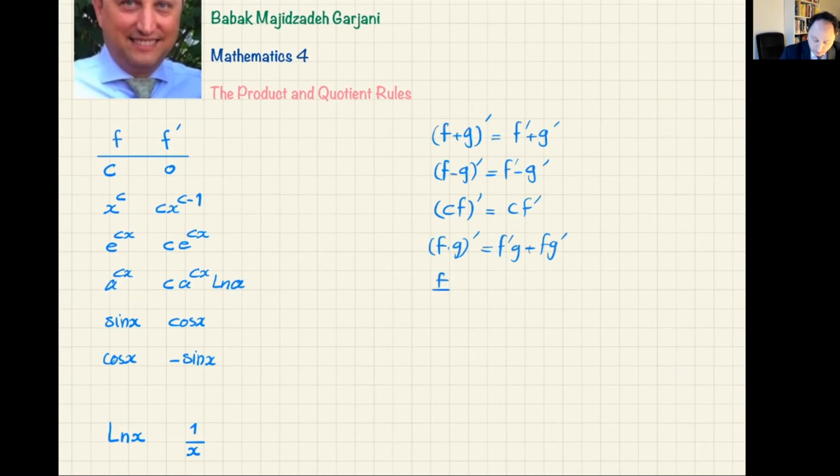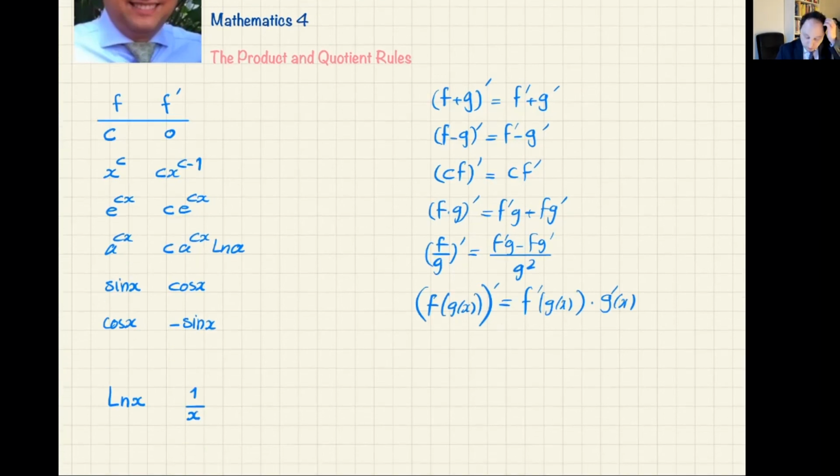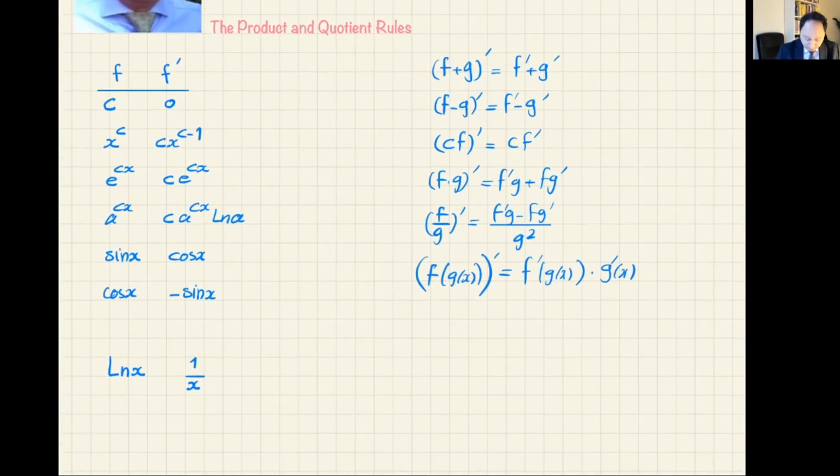If I have f over g prime, we have f prime g minus f g prime over g squared. And for f of g of x, the chain rule, the derivative is f prime of g of x multiplied by g prime of x. These are the generic rules that we learned.